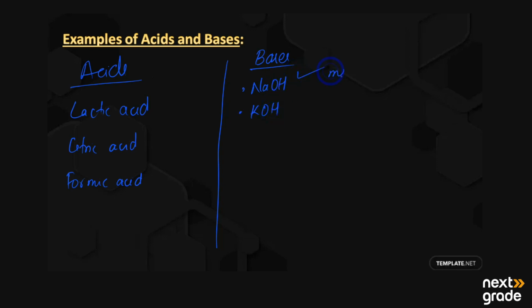Basically these are metal hydroxides, which are known as bases. Next we have ammonia, and calcium hydroxide. So these are some examples of acids and bases.